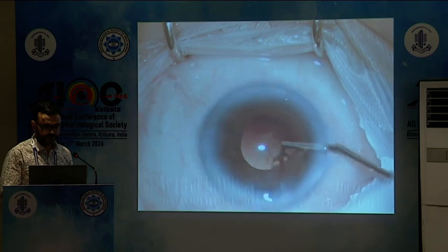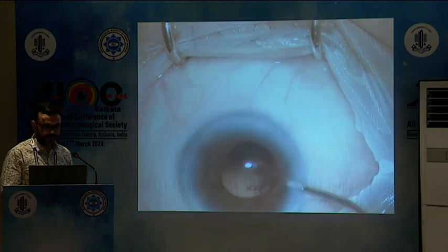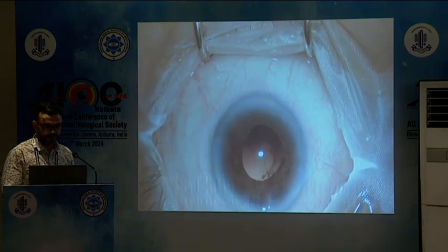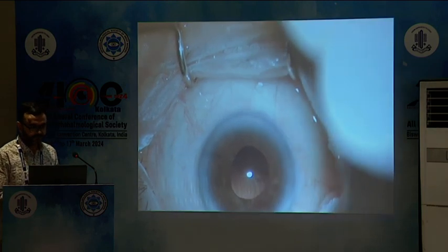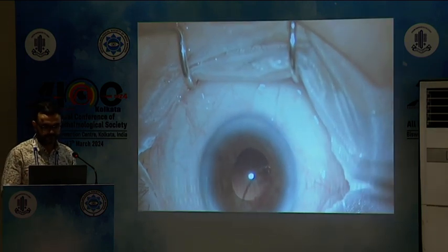I kept on inflating the bag with viscoelastic substance and also started assessing the amount of zonular dialysis. A capsular tension ring is tried.